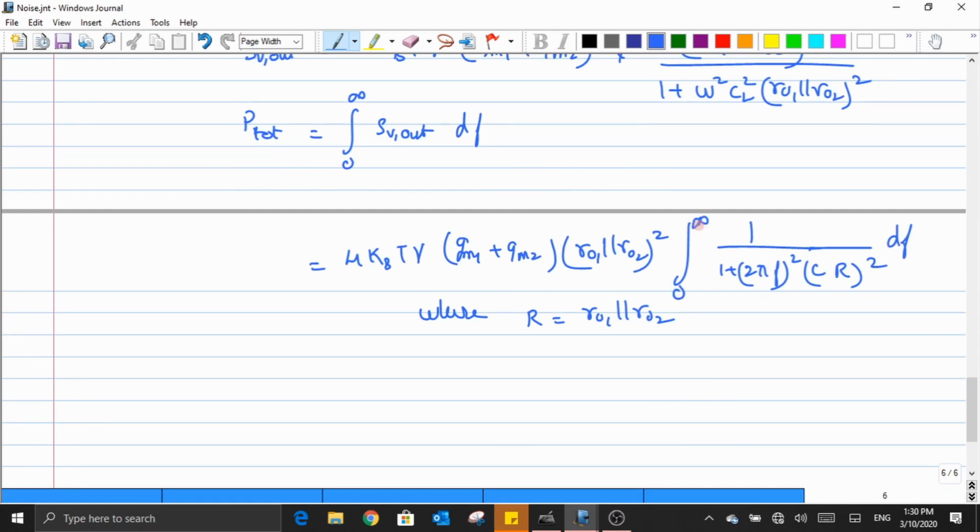Now, what is the integration of this particular term? What value would you get out of this integration? A tan inverse of this quantity, right? And we have to apply those limits of 0 and infinity to the value of x. Okay, yeah.